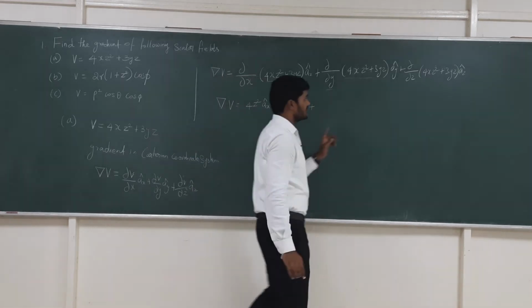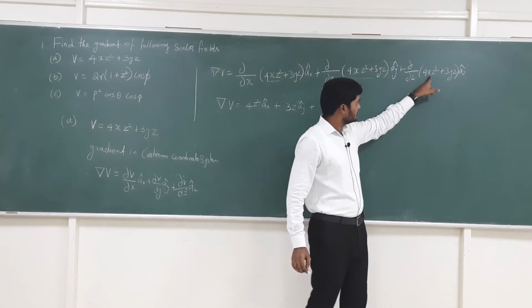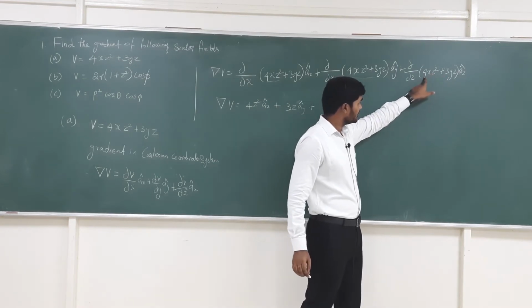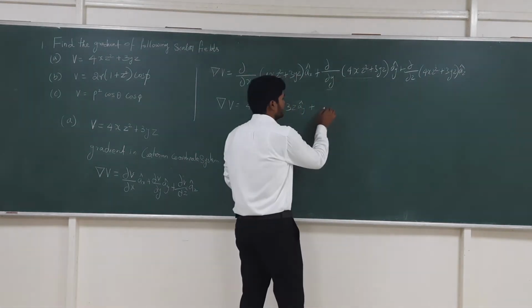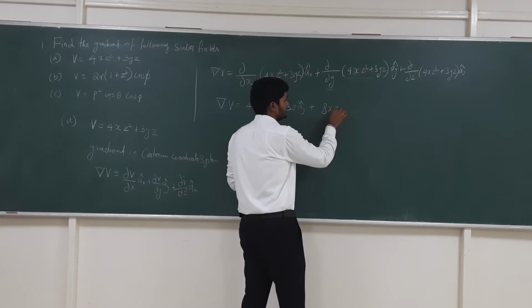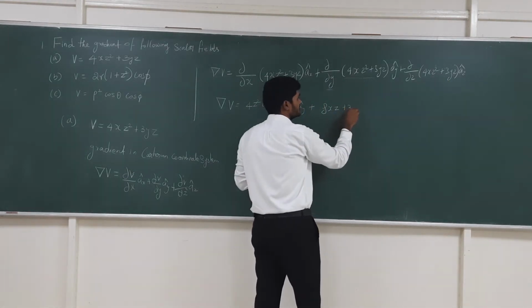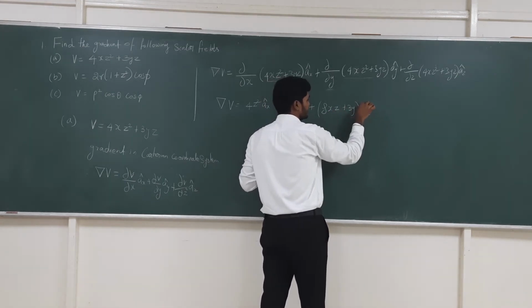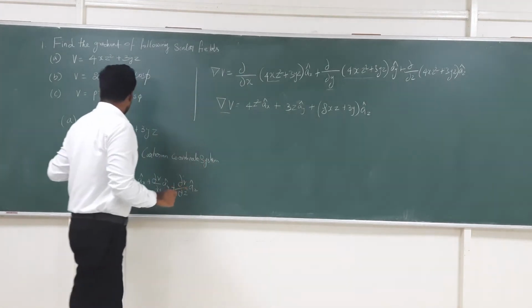Again, differentiate the third term with respect to z: the first term becomes 8xz, and the second term gives 3y, then az cap. This is the answer for the first question.